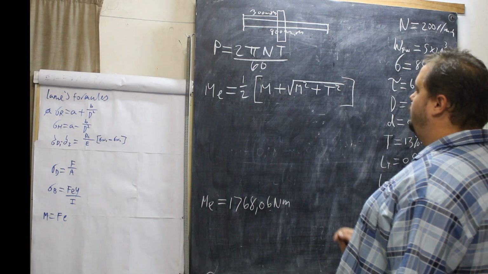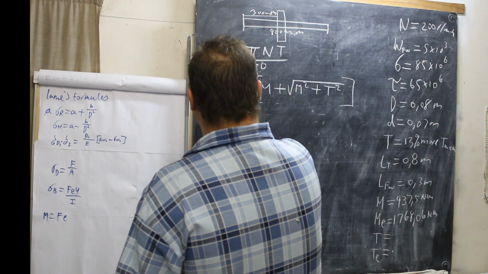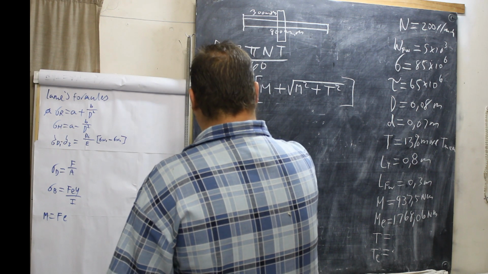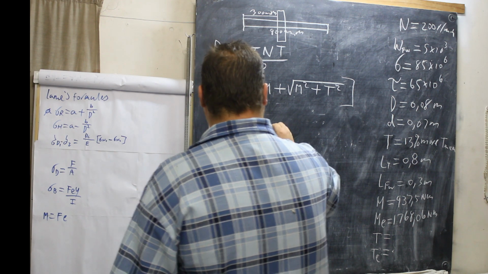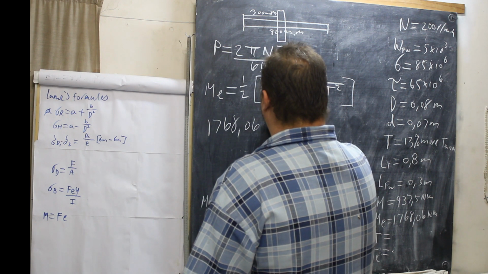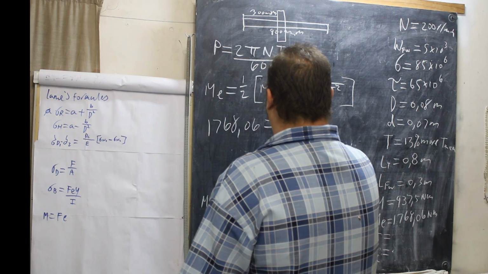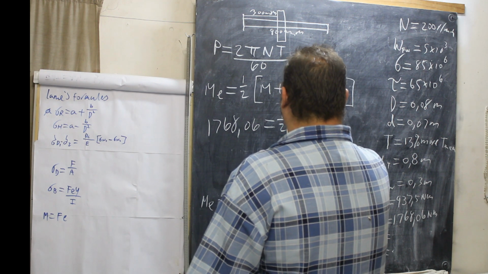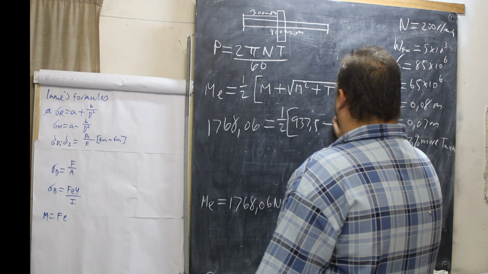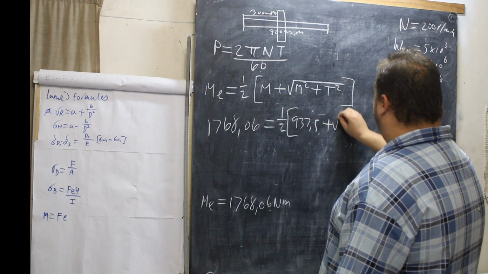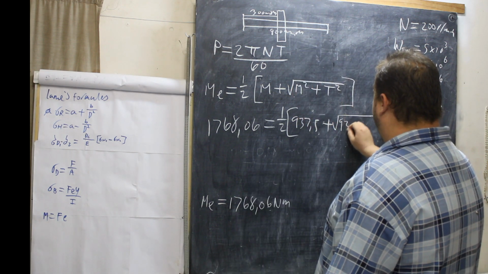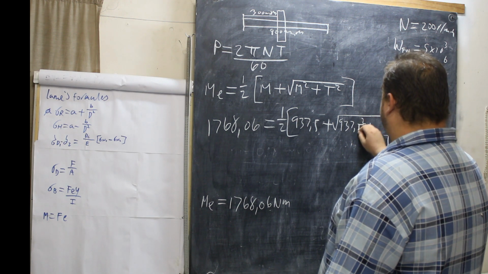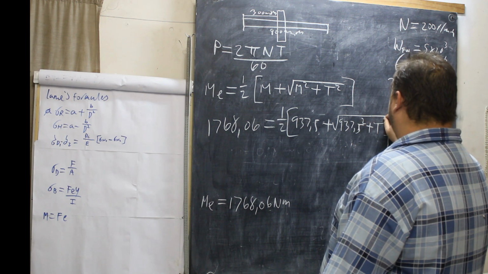We want torque. So what we're going to do is, now we've got ME, which is 1768,06 equals a half times 937,5 plus the root of 937,5 squared plus T squared.